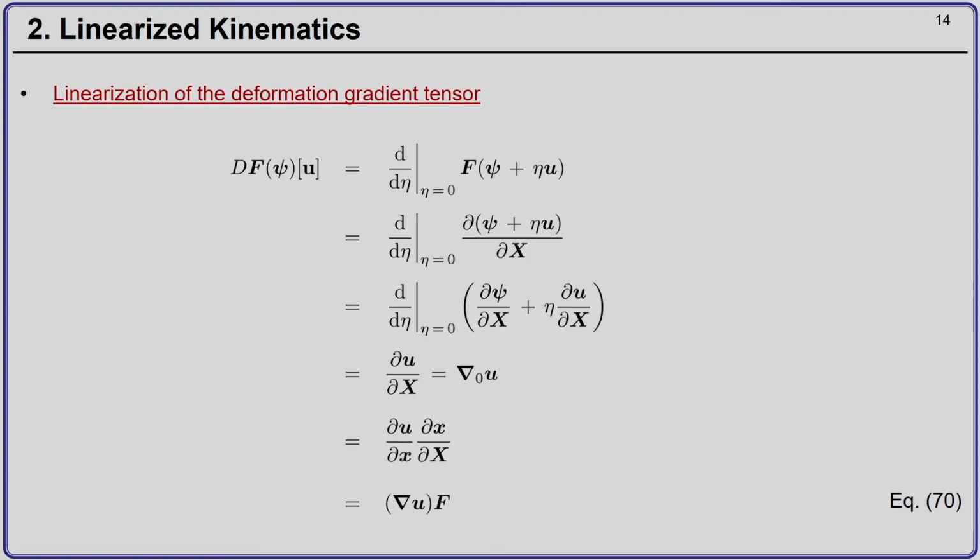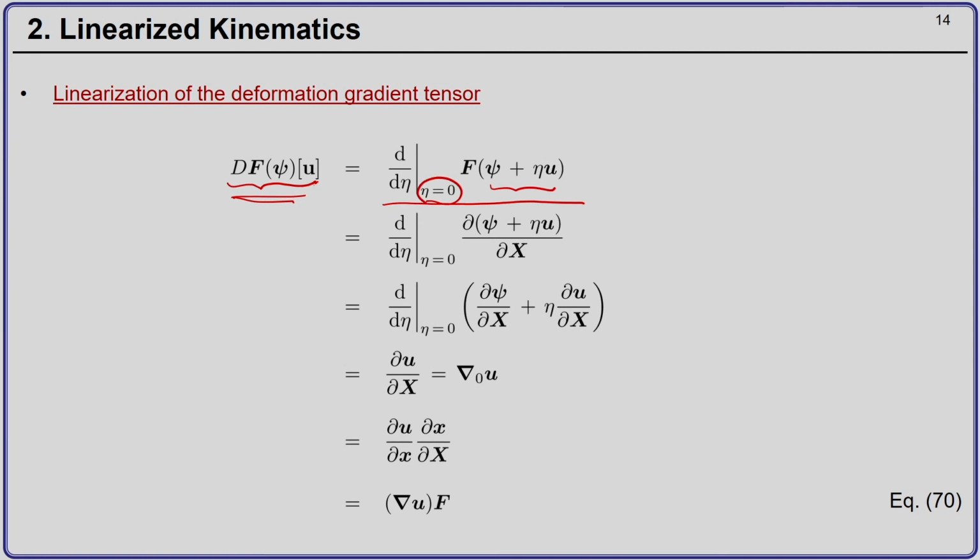So, basically we want to compute the directional derivative of the deformation gradient tensor at psi in the direction of u. Okay. So, from our definition of the directional derivative, we can write this expression as d by d eta of F evaluated at psi plus eta u, and then taking eta equal to 0.